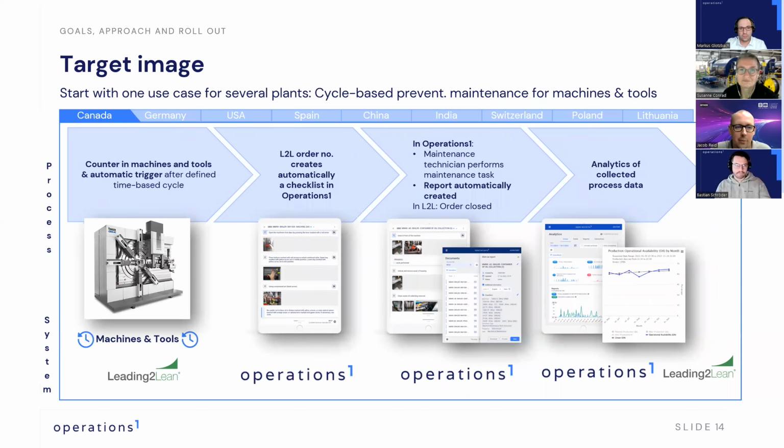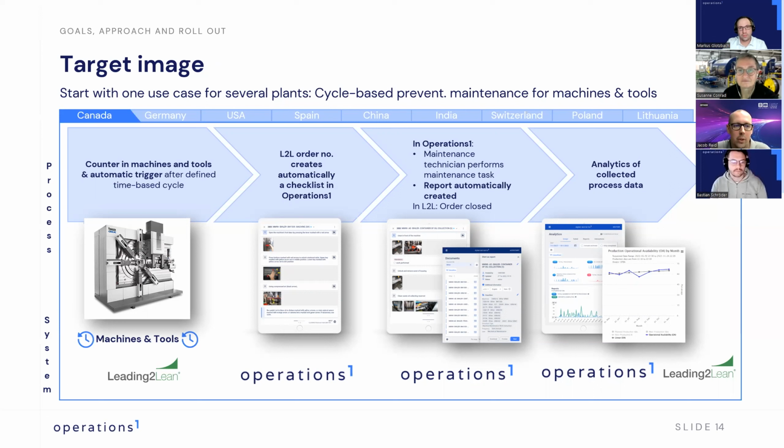So then the target image of our shop floor, leading to lean and Operations One together. Again, maybe to set the stage. Starting in 2021, we began global implementation of Operations One. And really the long-term target was already clear.